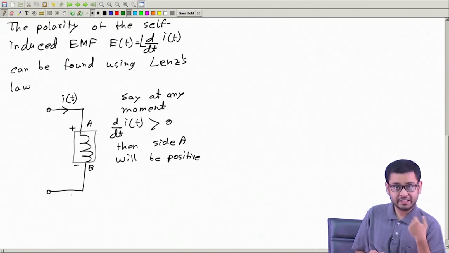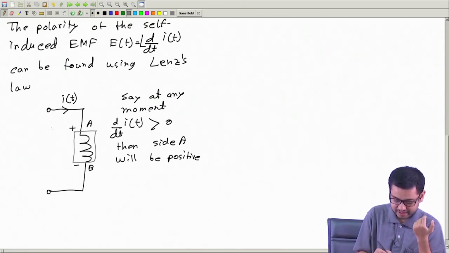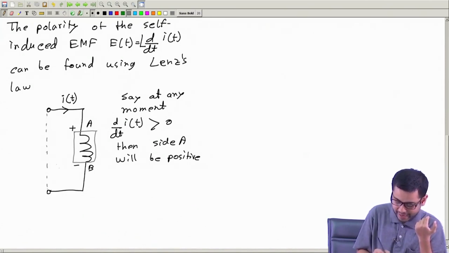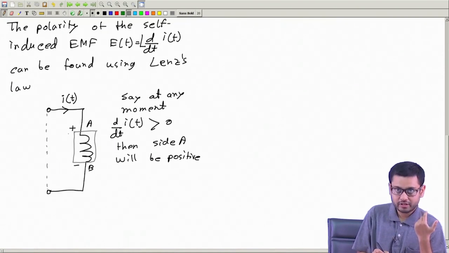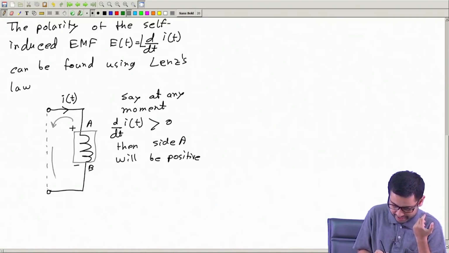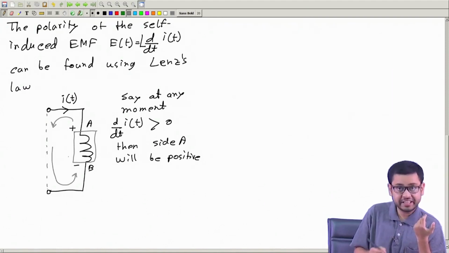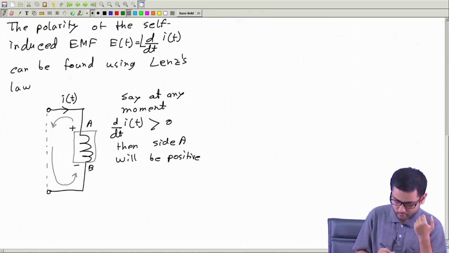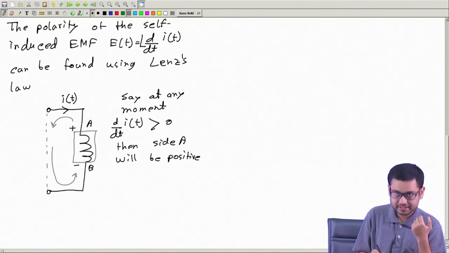It can try to drive a current if we provide a closed circuit here. If we close this circuit, then any battery will try to drive a current from plus to minus outside the battery, but inside the battery, of course, minus to plus. This is how a battery behaves. So this source of EMF will try to drive a current in this direction.